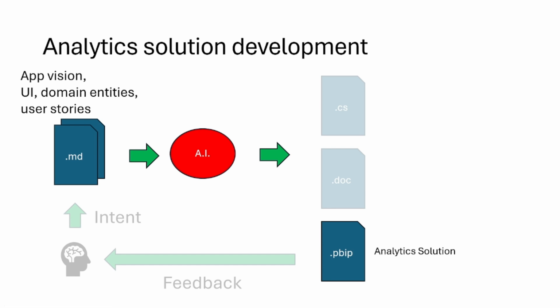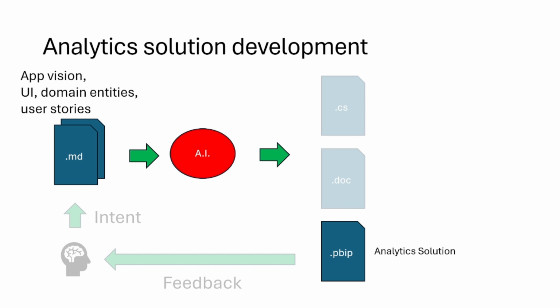Now, the specification format that I had was optimized for the generation of applications, web applications. So it had, for instance, app vision, user interface definitions, domain entity definitions, and a long list of user stories. And these user stories are used for incremental development, so they don't necessarily take the shortest route.